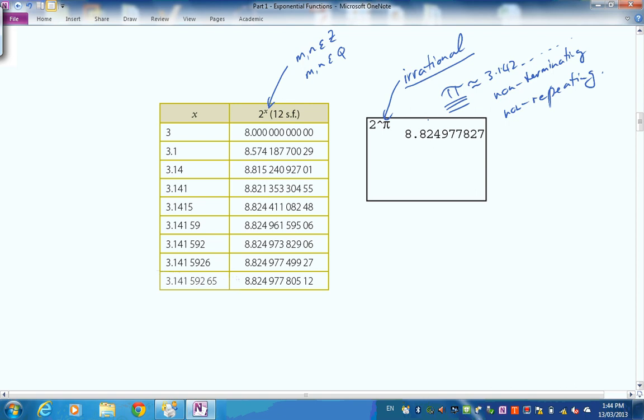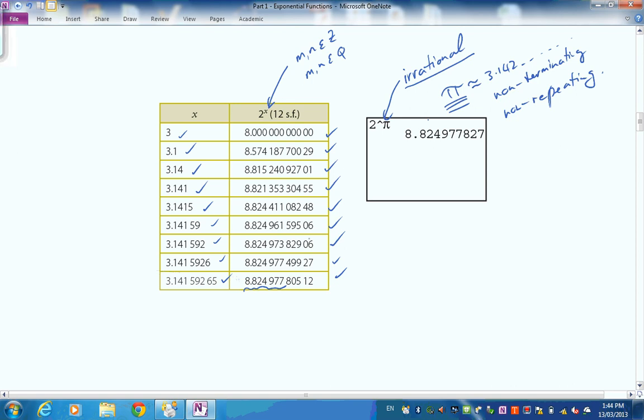Let's investigate that. As we raise 2 to 3, 3.1, 3.14, 3.141, these are all more accurate representations of pi. Can you see we can produce numbers for each of those, and can you see what's happening with these numbers? As we go further and further on, more and more decimal places remain constant.